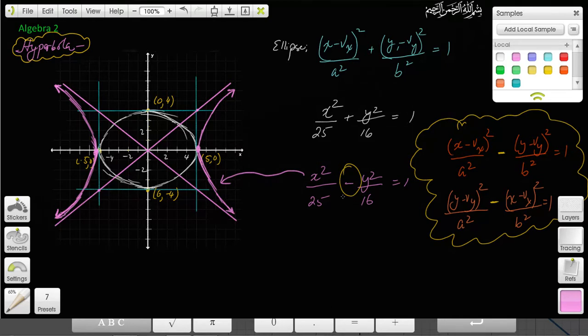Okay, so to graph this, you almost have to see that the hyperbola is kind of like an inside-out ellipse. It's like you cut the ellipse here and open it up here, in your imagination, so to speak, right?